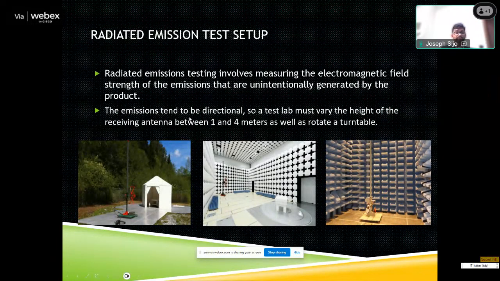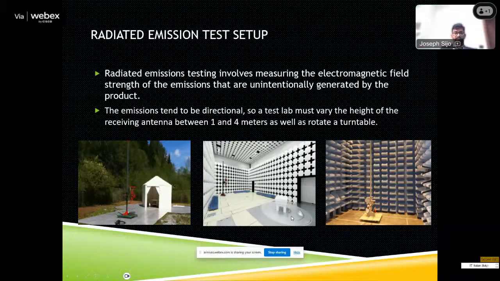And also in the mostly conventional type, they set up a closed type semi-anechoic chamber. In this case, it will be like 1 to 4 meters, and also the turntable.